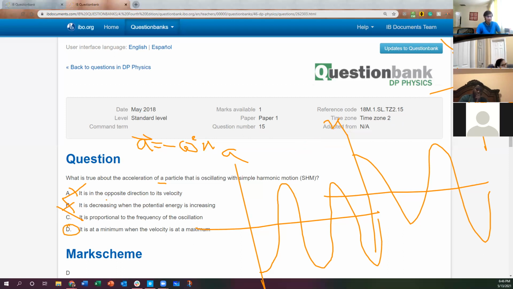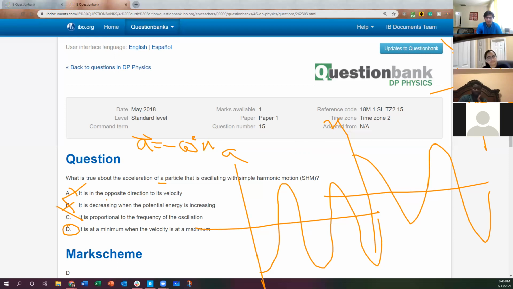Anyways, your acceleration is going to be minimum. Reason being, where do you have maximum speed? Maximum speed occurs at equilibrium, because that's 0 potential energy, which means maximum kinetic energy. So if you have the most speed in the equilibrium position, then acceleration, which is linearly proportional to displacement, is going to be 0. So it's going to be at a minimum. Does that make sense?